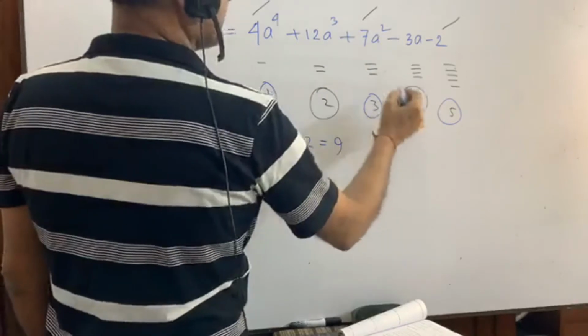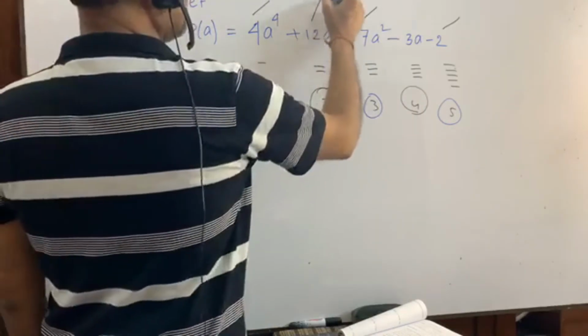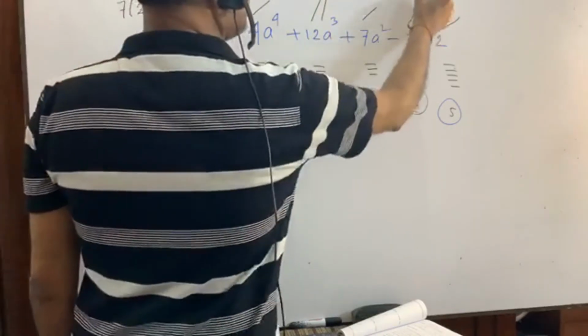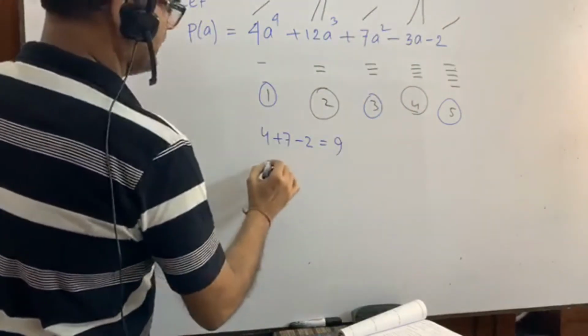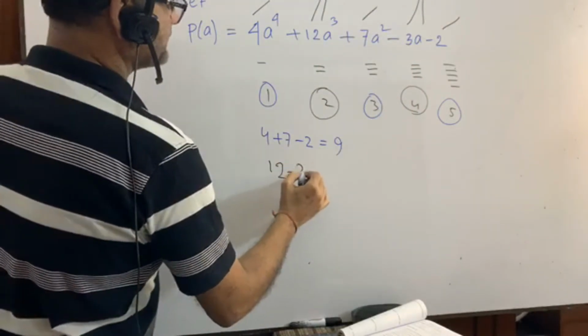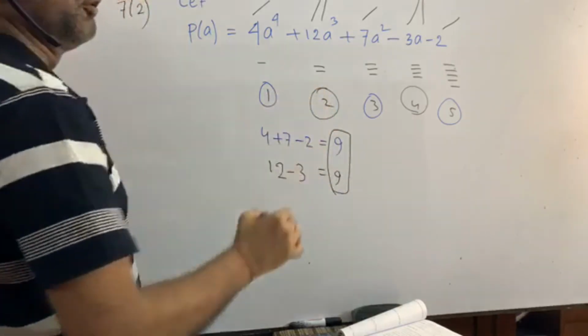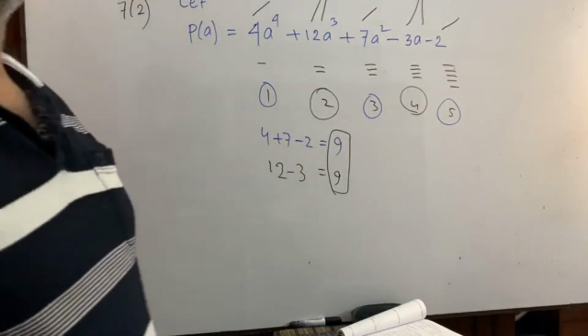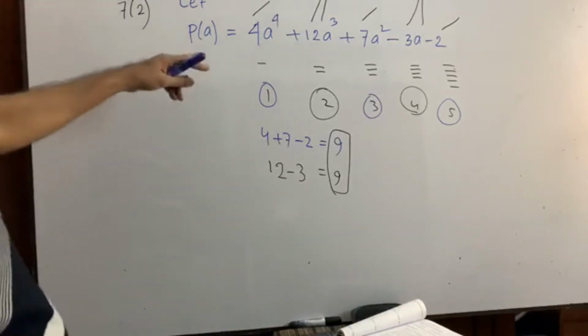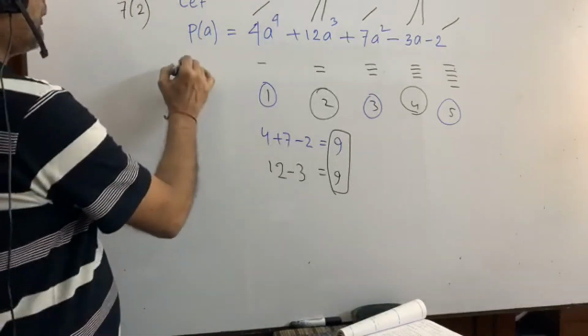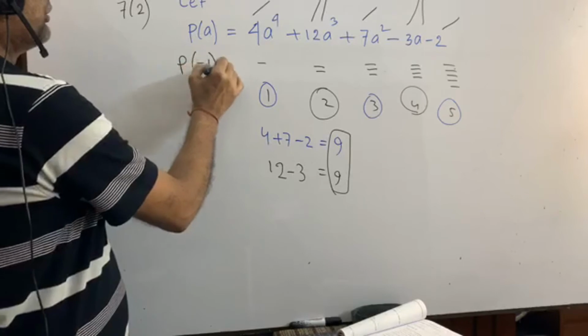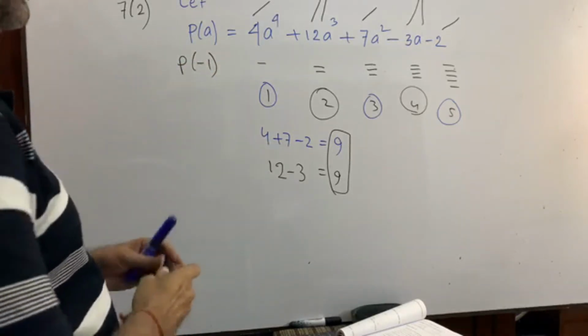These are the even position. This is 12, and this is 3, okay. So again we can write 12 minus 3 equals to 9, and we are getting these two same. If we get same, then the value of A will be minus 1. Value of A will be minus 1, okay.